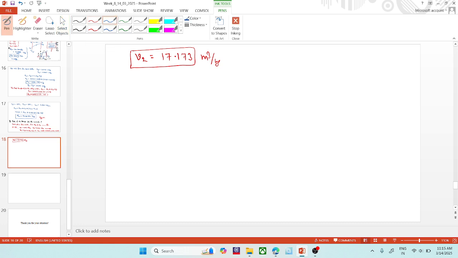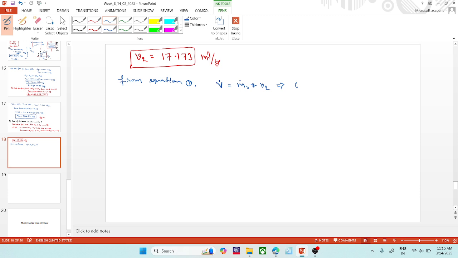So from equation 1, my V dot would be m dot s into V2.